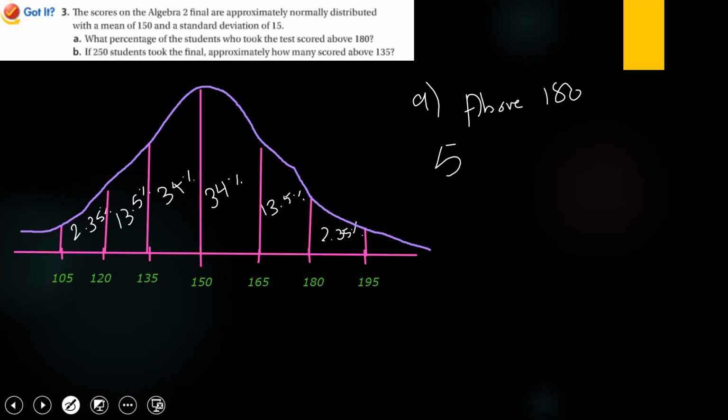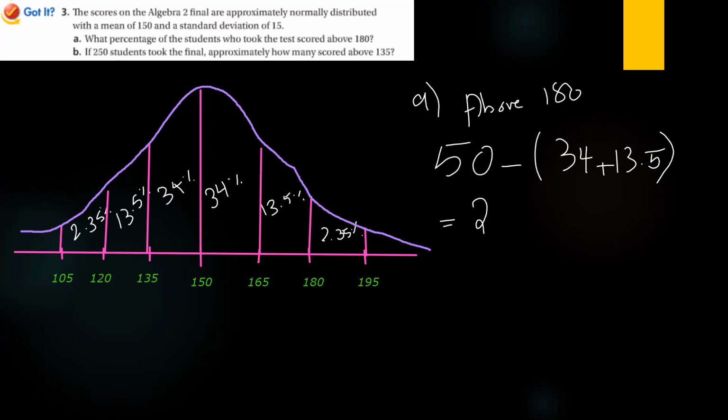Yeah, you have to subtract 50% minus 34 plus 13.5. So they are 2.5%. This is above 180.